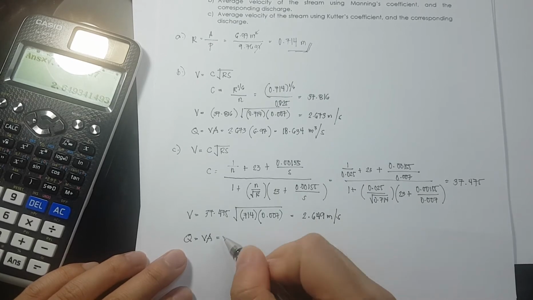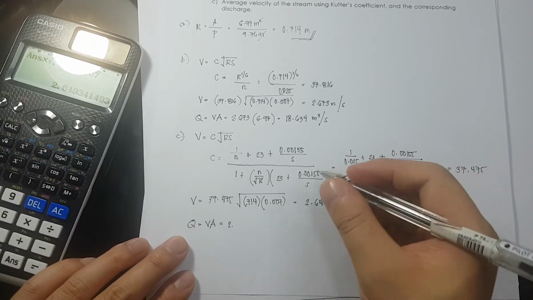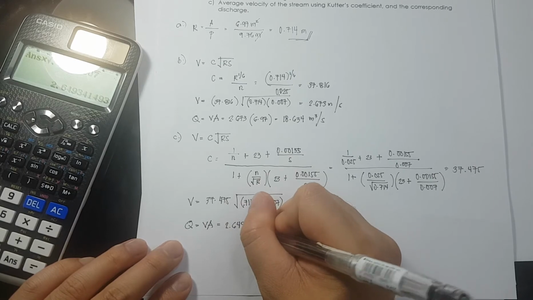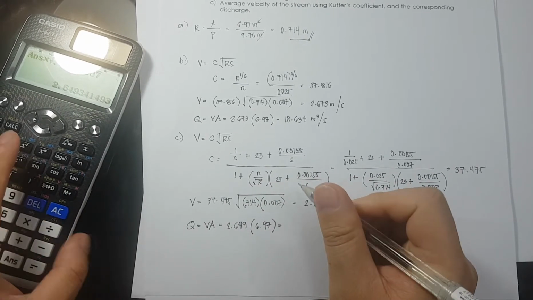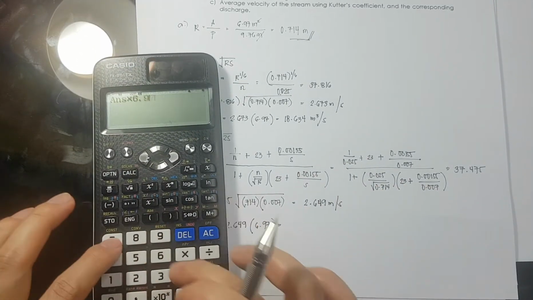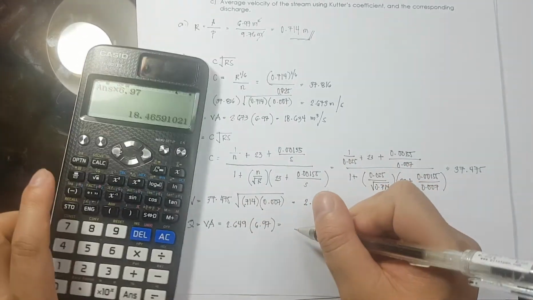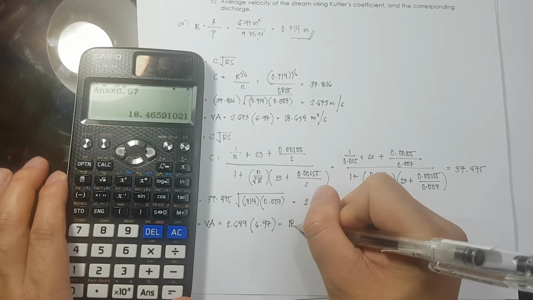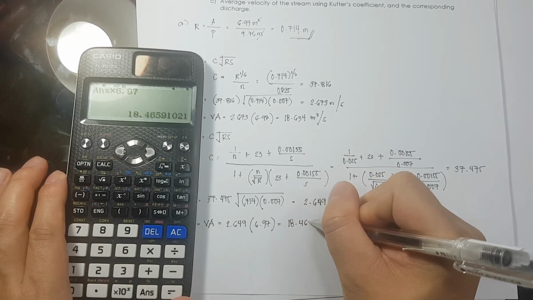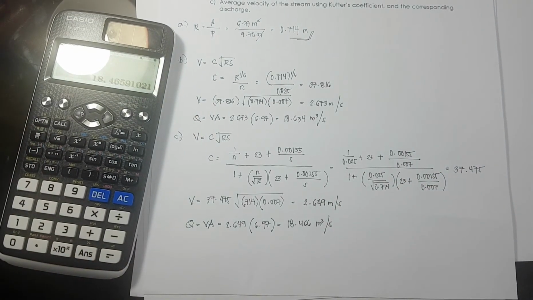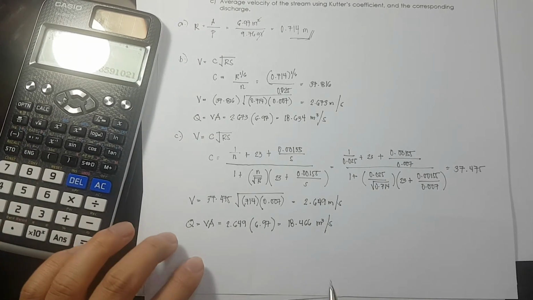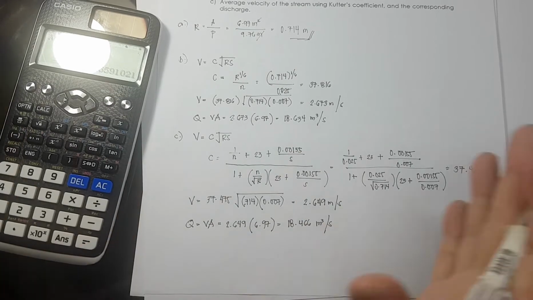So we have the velocity of 2.649 times the area of 6.97. And the Q is equivalent to 18.466 cubic meters per second. So that is the volume, and the two results are not far from each other, considering the area.